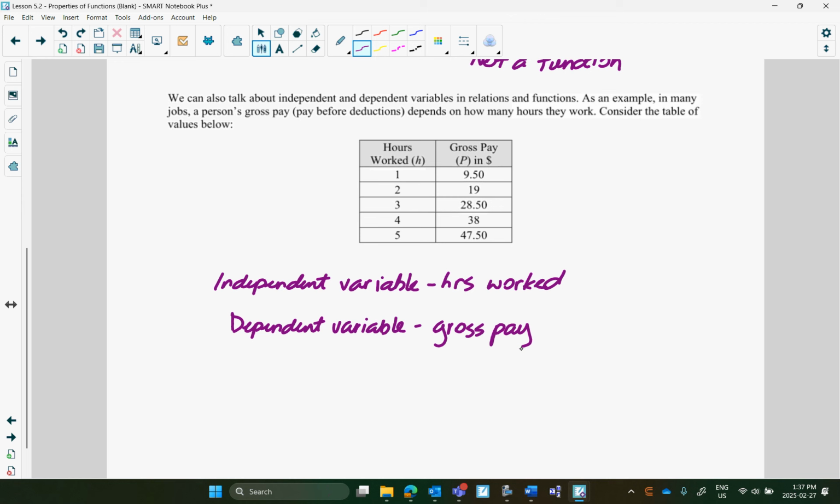When you get a full-time job, you may have to pay for a medical plan, and then maybe a vision plan as well, separately. That's a deduction. The government takes certain amounts away. It's called Canada Pension and unemployment insurance.